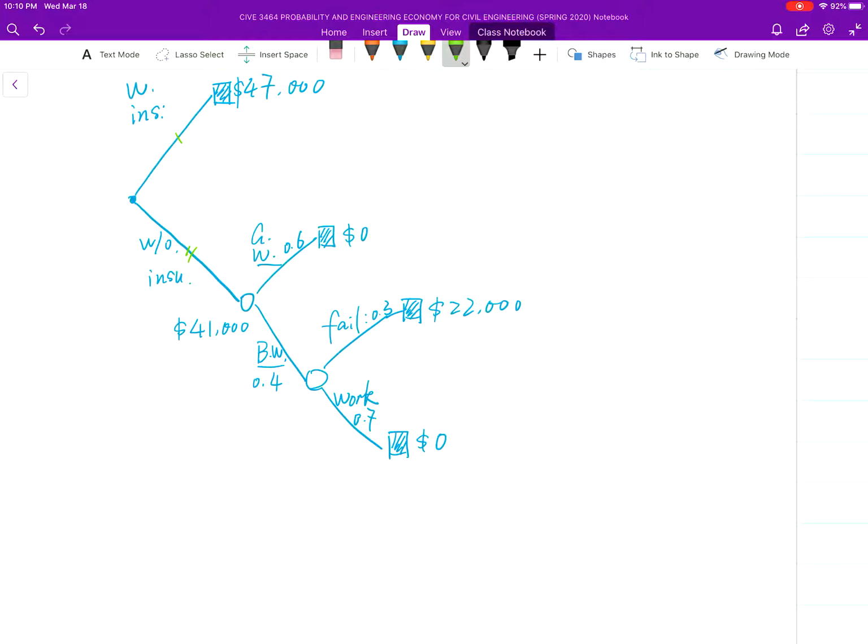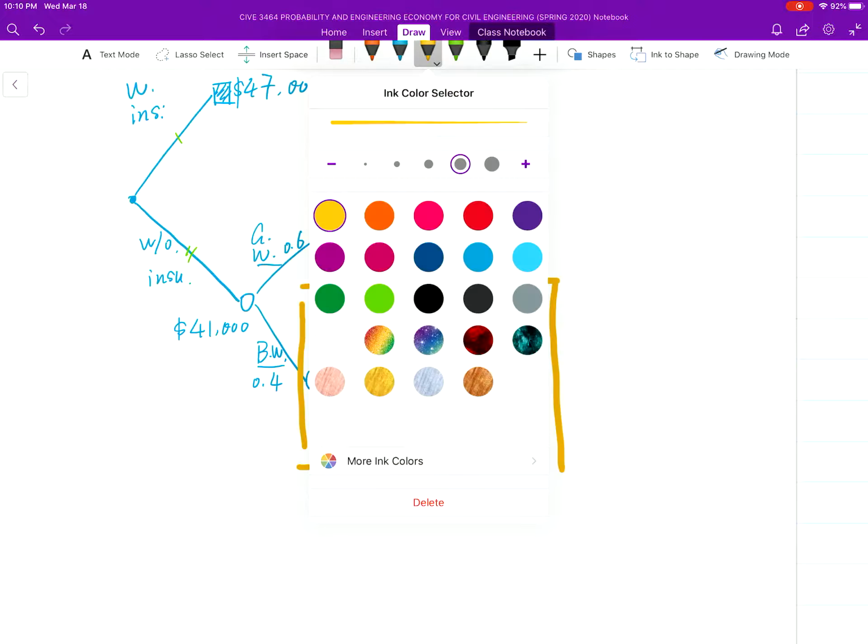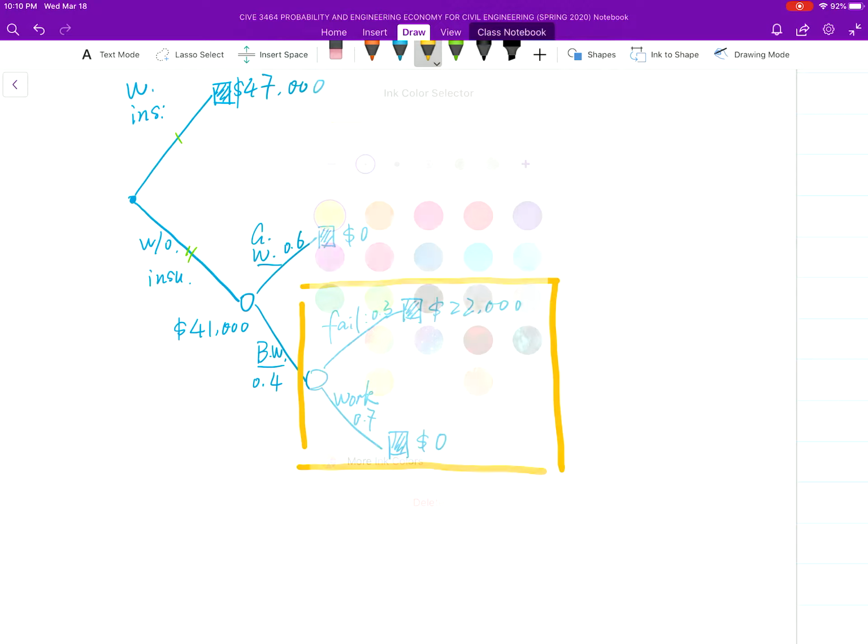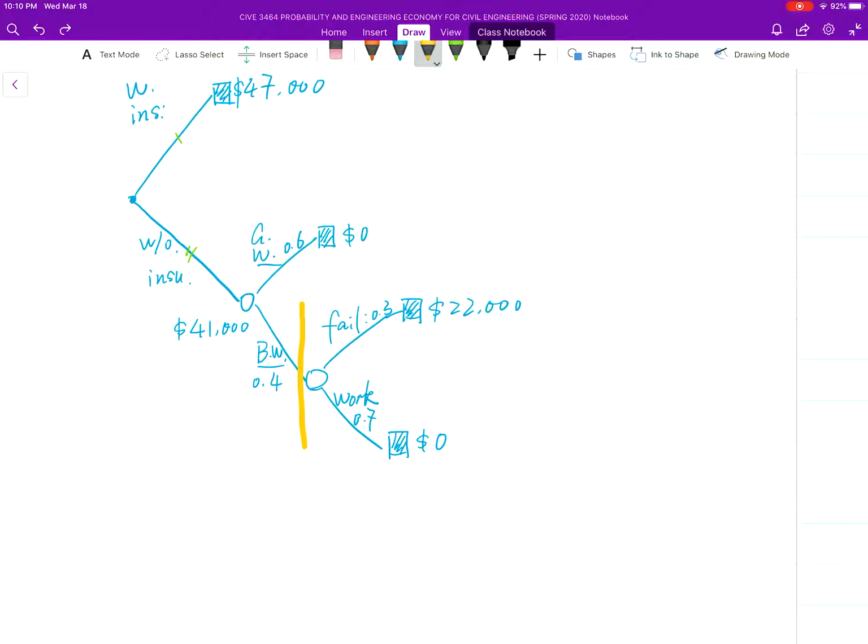First, we consider this part, just the fail and the work part.